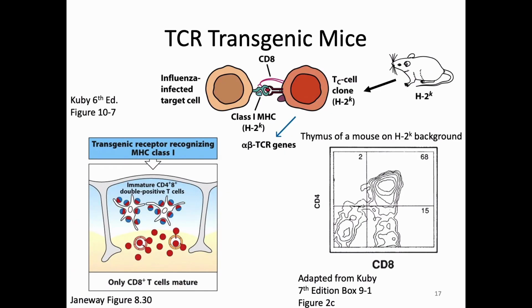We can make similar types of mice to help us study T cells. And so instead of being B cell receptor transgenic mice, these are T cell receptor transgenic mice. When we do this, we start with a T cell. Here's a T cell.